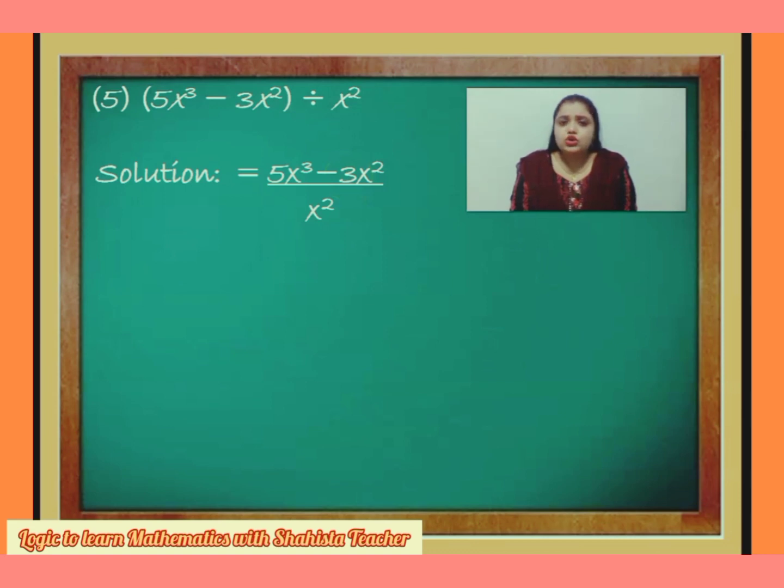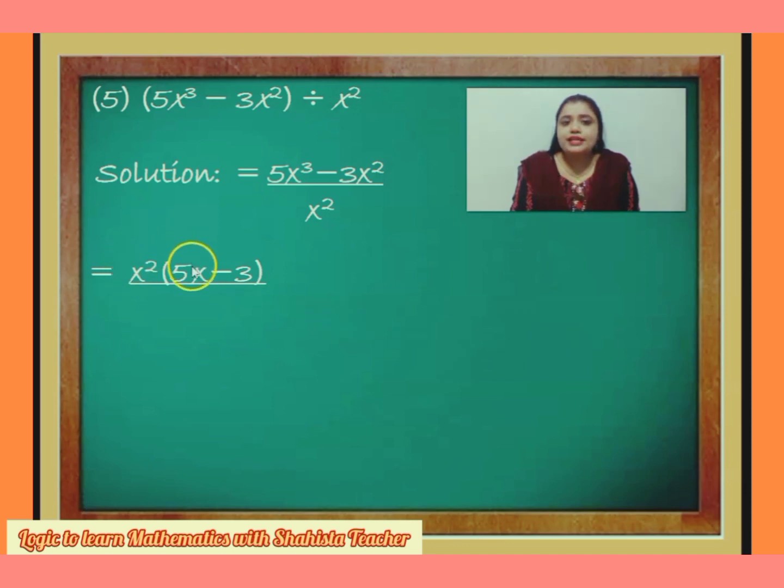Now first we will see the common term in the numerator and denominator so that we can cancel it. So in 5x cube minus 3x square, x square comes outside the bracket. Now here there is no number, that means an invisible 1 is there.